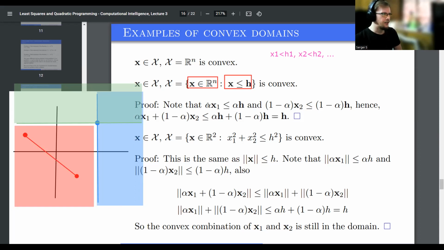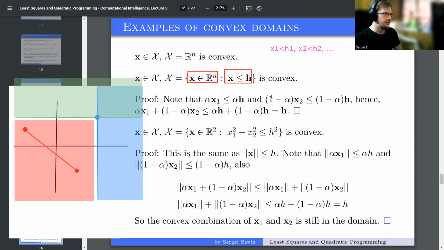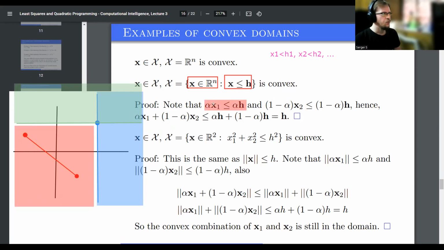So what I want to prove is that from the fact that x1 is inside this domain, so x1 is less than h, and x2 is inside this domain, so x2 is less than h, it follows that this guy would be inside the domain. Okay, that's what I want to prove.